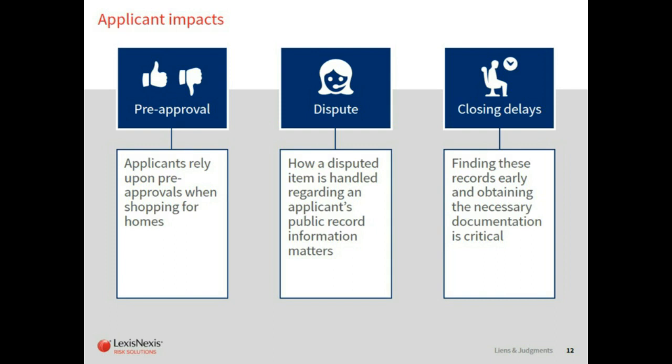So if a lien or judgment is subsequently discovered, the lender has to confirm whether it's applicable to one of the parties, the borrower or co-borrower, verify the status of that record and whether it's open, and potentially factor it into the HUD-1, the closing package. So the later a lender finds out about these items, the higher the chance of jeopardizing the closing date. And again, that speaks to the applicant experience.